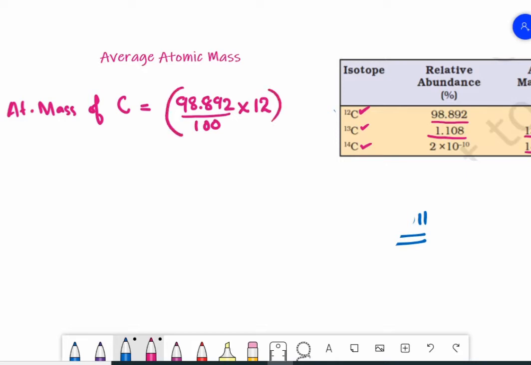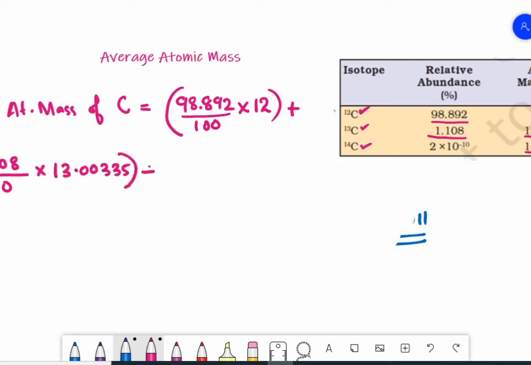Okay, this you have to add with the next, carbon 13's relative abundance. How much is it? 1.108, which is divided by 100 because it's given in percentage, and you have to multiply this with its atomic mass. What is it? 13.00335.